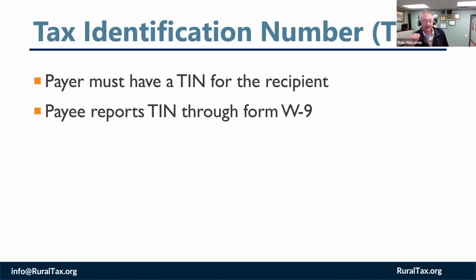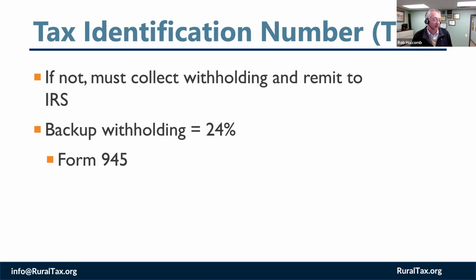The payer issuing the 1099 has to have that tax ID number for the recipient. The appropriate way to do that is through a form W-9. You provide the W-9 to the recipient, and that's where they give you their complete name, their address, and their tax ID number, be it a Social Security number or a tax ID number. That's the appropriate way to do that.